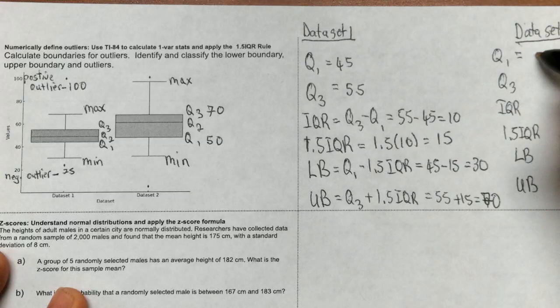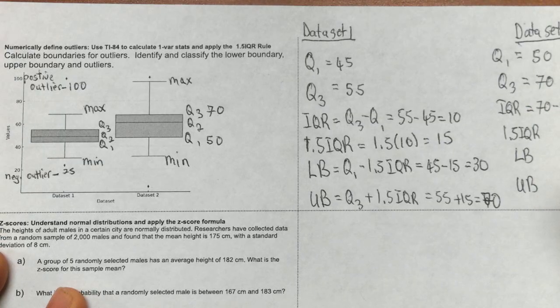So the quartile 1 would be 50, then the quartile 3 would be 70, IQR would be 70 minus 50, which is 20, 1.5 IQR is 1.5 times 20, which would be 30, and then the lower bound would be 50 minus 30, which is 20, and then our upper bound would be 70 plus 30, which is 100.